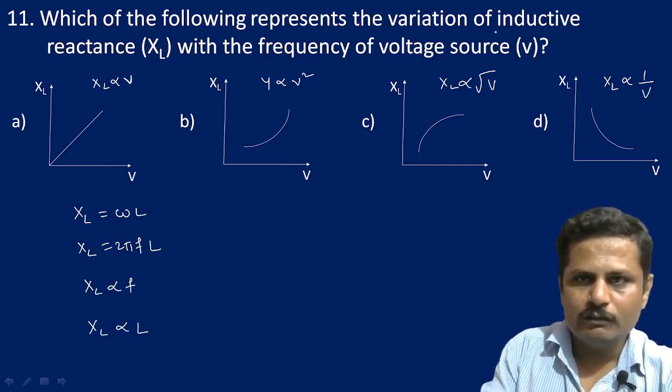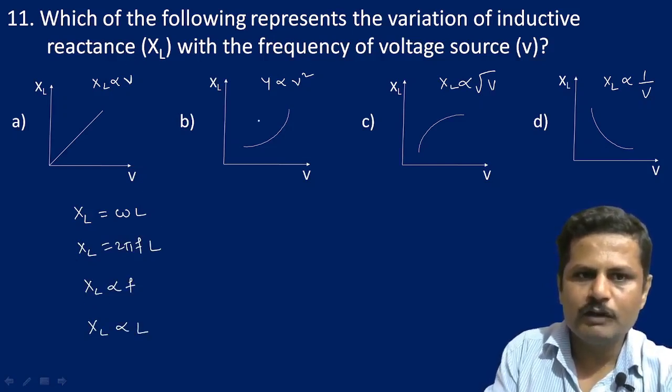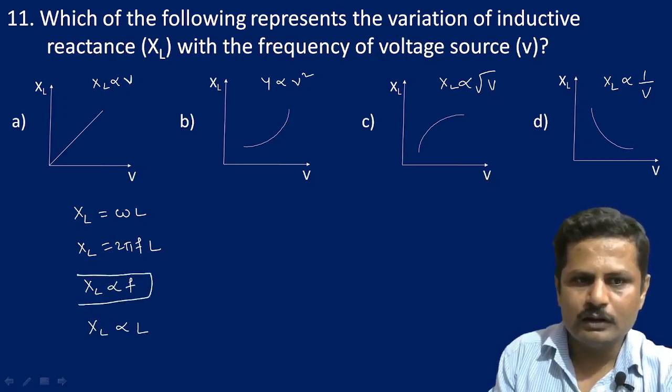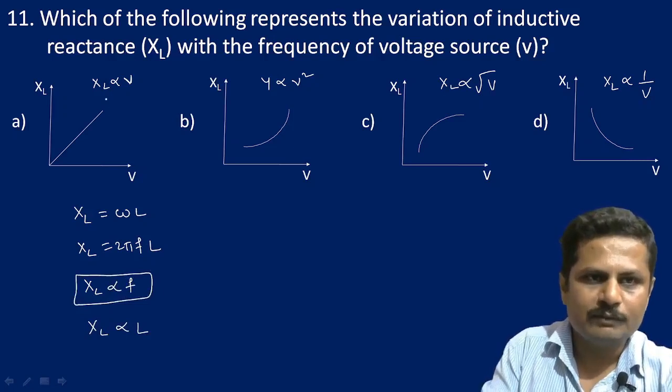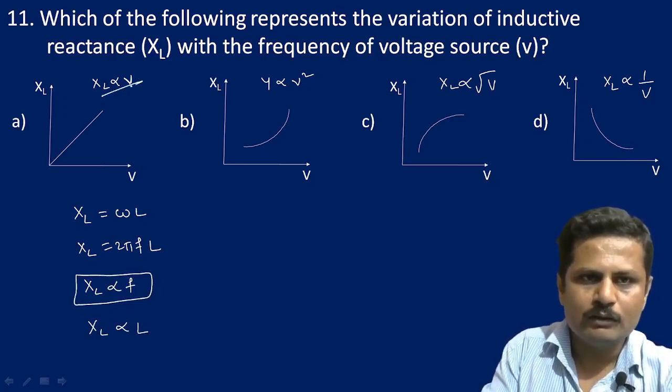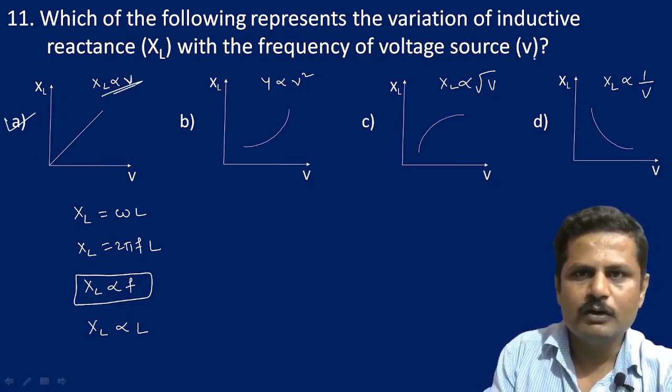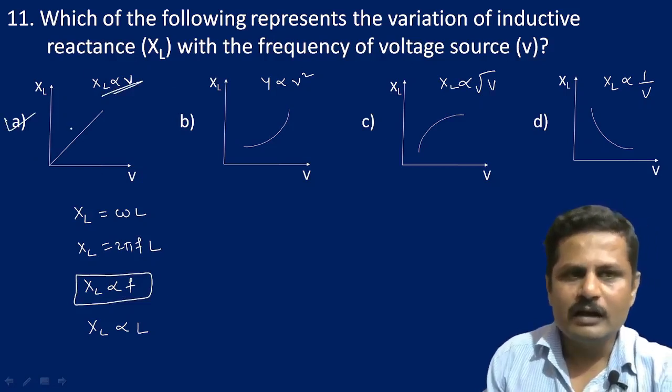So here we need to find the variation of inductive reactance with the frequency. So XL is directly proportional to F, which means XL is directly proportional to V. So this graph represents the variation of inductive reactance with the frequency of voltage source. So option A is the right answer.